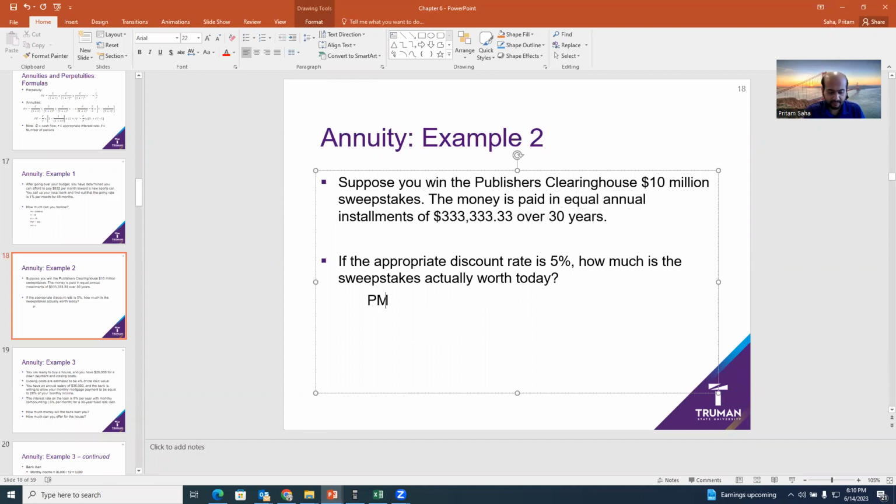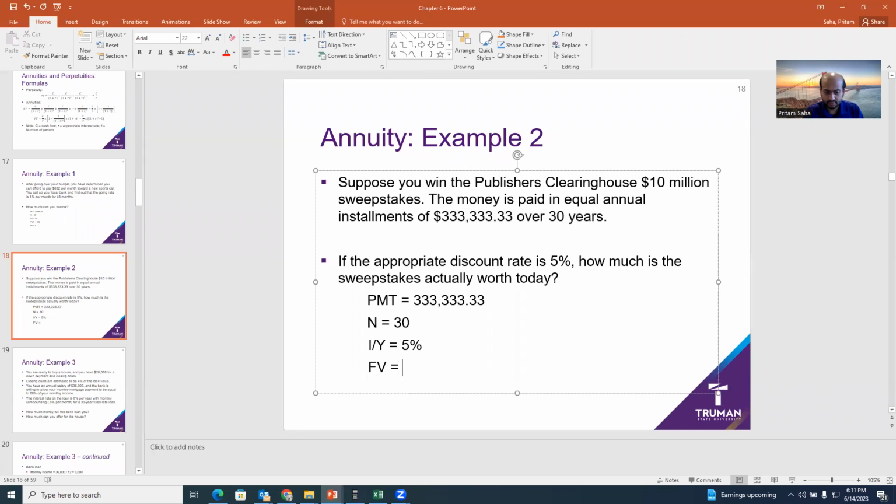So basically the payment is 333.33, and it's 30 years. Then I/Y is 5%, and future value is 0.